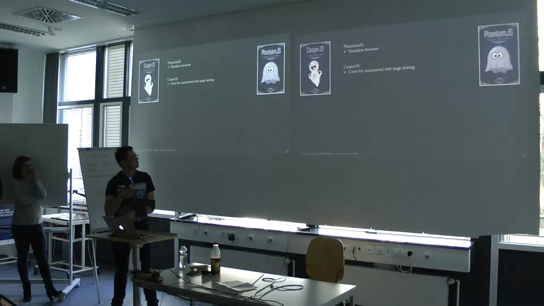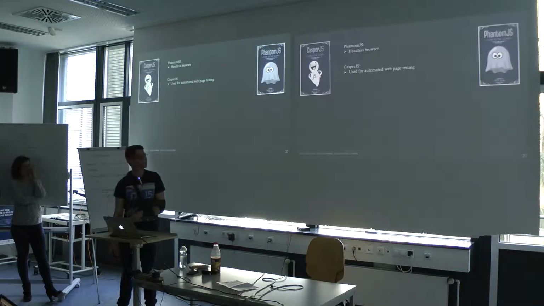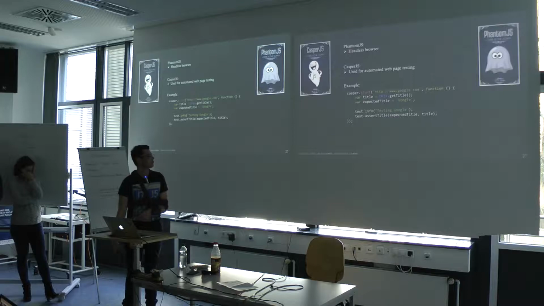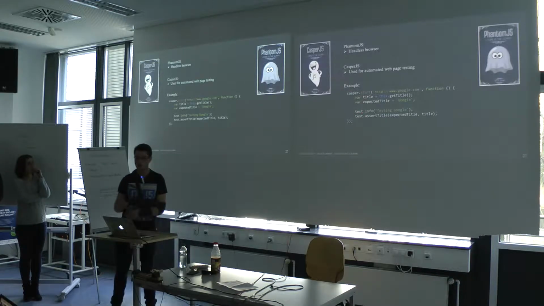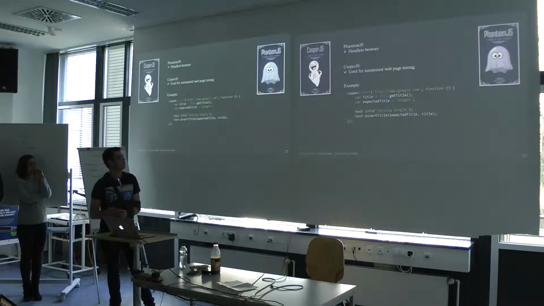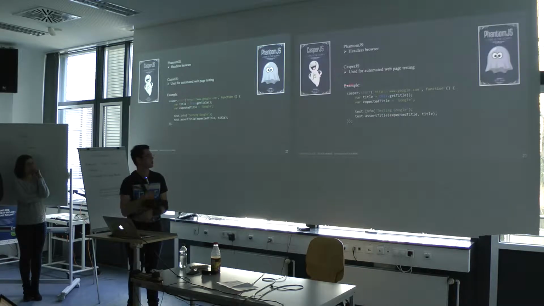So Phantom.js is the browser, and Casper.js is used for the testing part. So you have a syntax like this, and you can use all functions of Phantom.js also in Casper.js. So you don't need to first declare Phantom parts. You can directly use them in Casper.